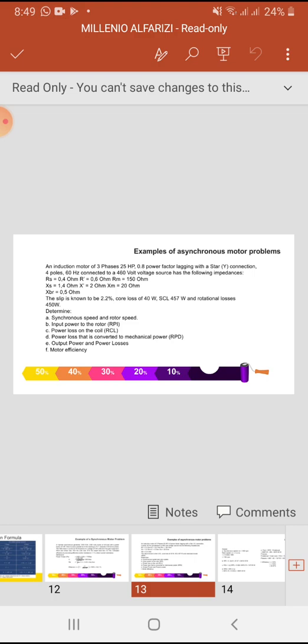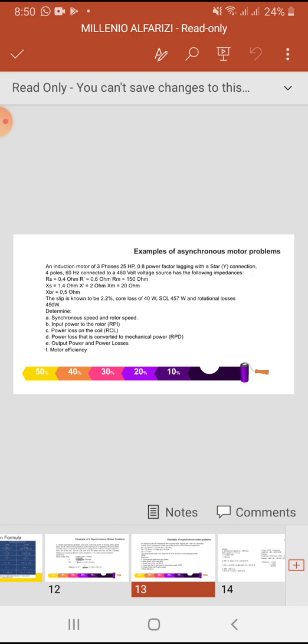The slip is known to be 2.2%, core loss of 40 watt, stray load loss 457 watt, and rotational loss of 450 watt. Determine: A. synchronous speed and rotor speed.